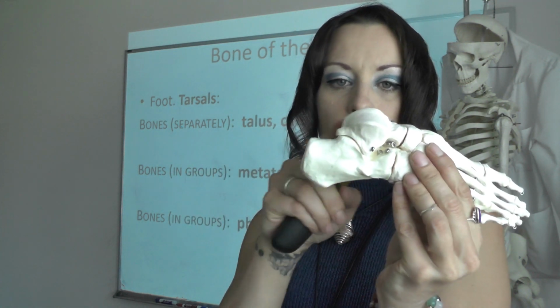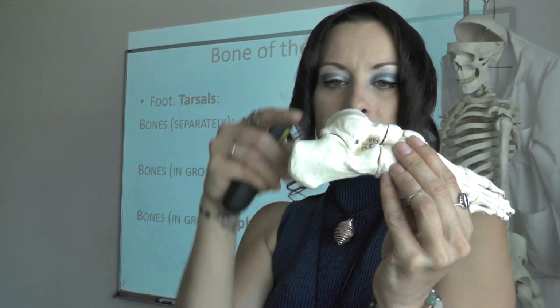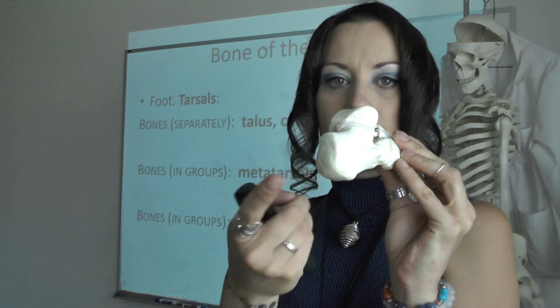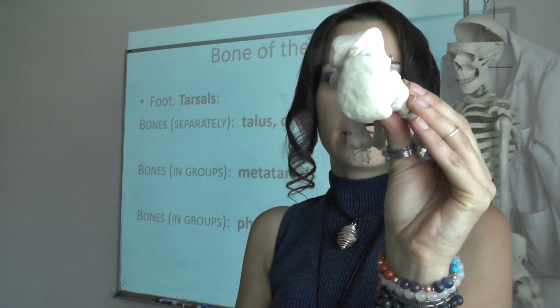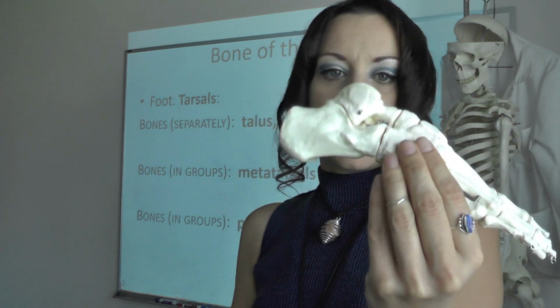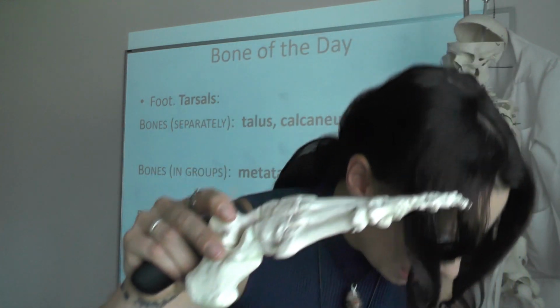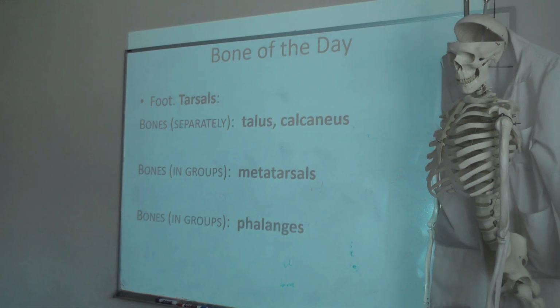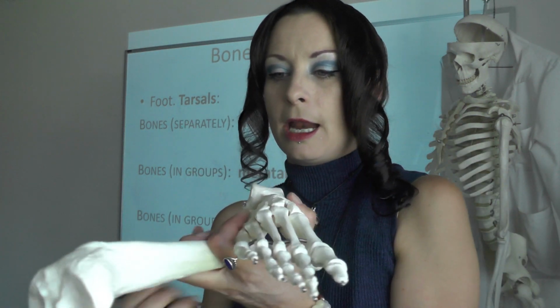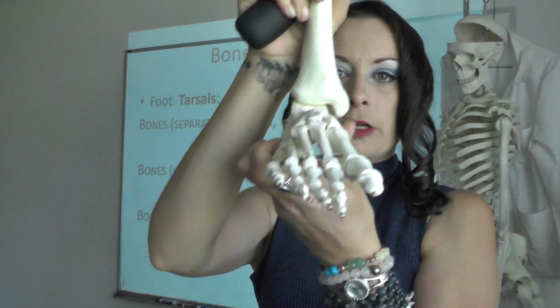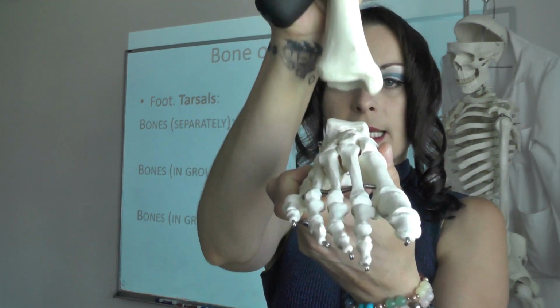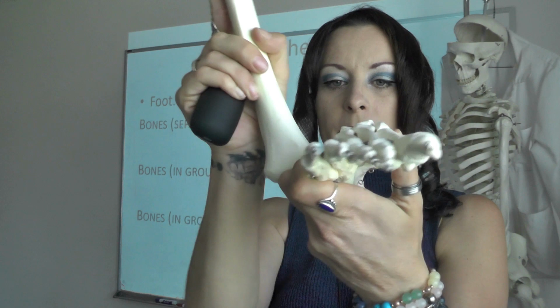But you do have to know two specific tarsals, talus and calcaneus. So this big one right here is calcaneus. This is why it's the calcaneal region. And this is talus. Talus takes the weight from your tibia and puts it onto calcaneus. So your tibia sits on top of talus like that, and then talus is on top of calcaneus.